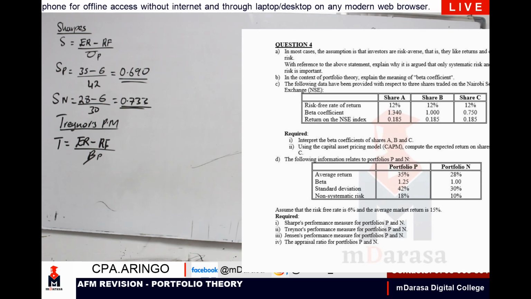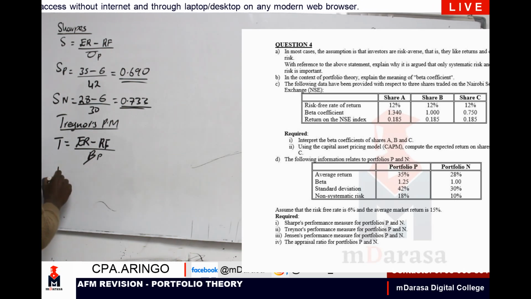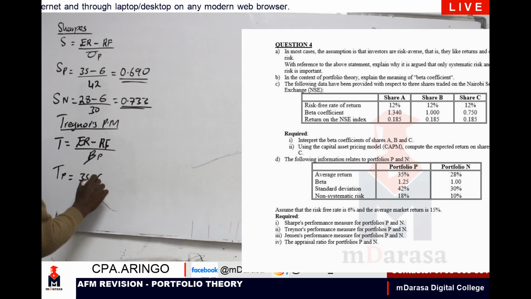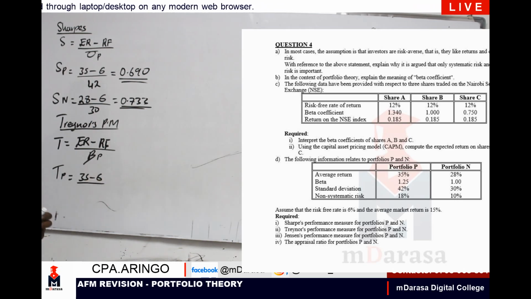So in this case of ours, this will be simple because I'll just be having Traynor's model of P. I should be talking of 35 minus 6, and we divide by the beta. If you can check your question, my good students, what were we given as beta of our securities here? Beta of security P, I can see I was given 1.25.